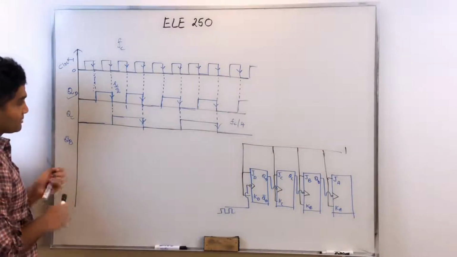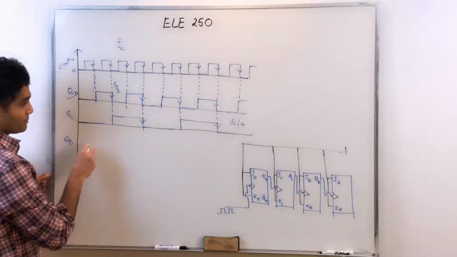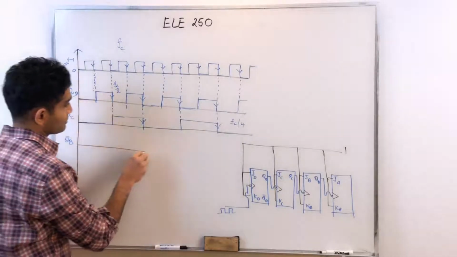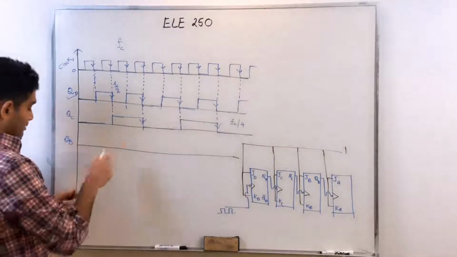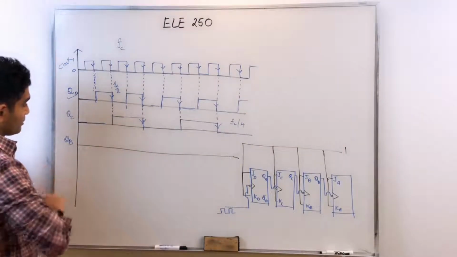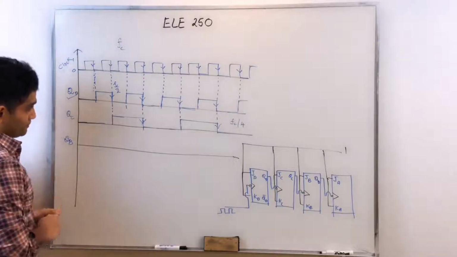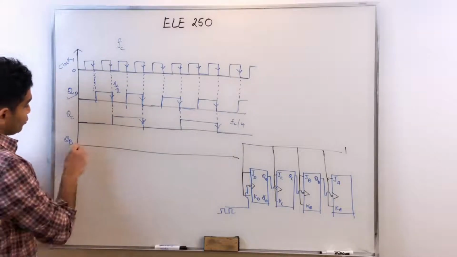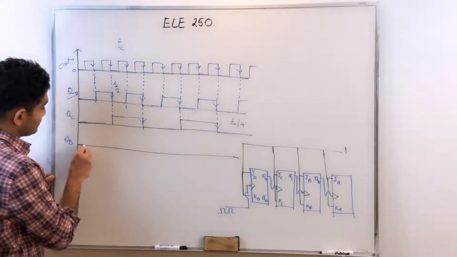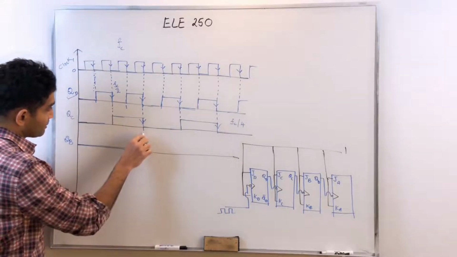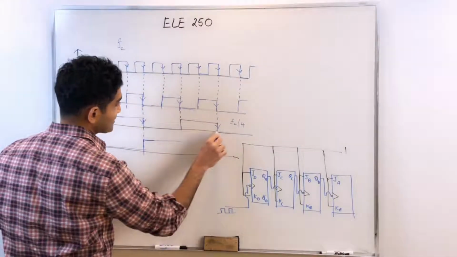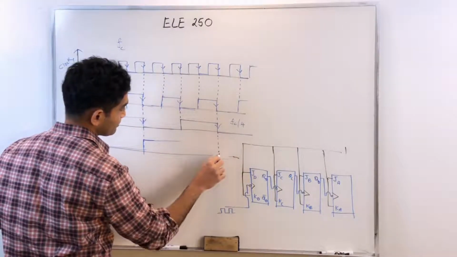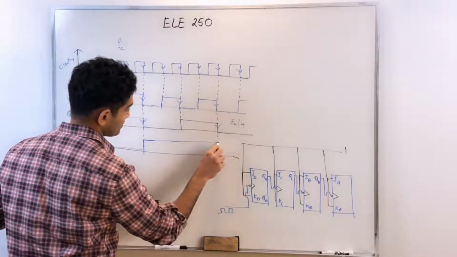So if I want to plot this, this is what I would get. So QB toggles at every active edge, right? So my QB would toggle at this particular active edge, becomes 1. It remains 1 until the next active edge here, and then it basically gets complemented.